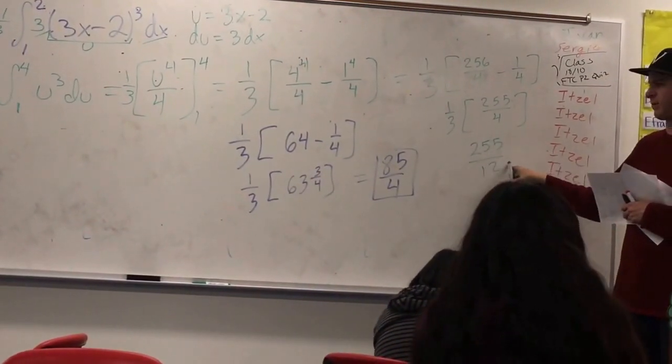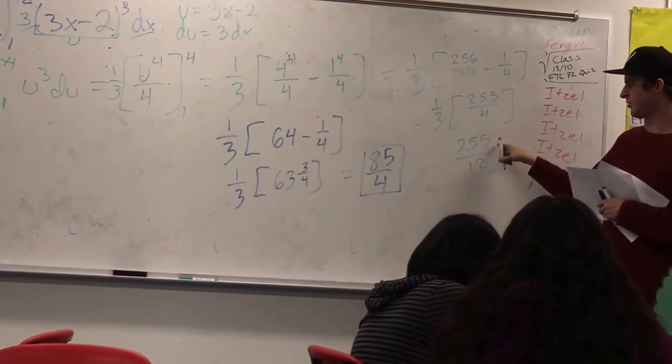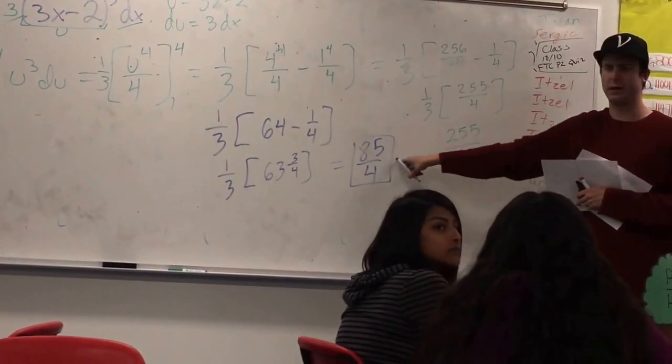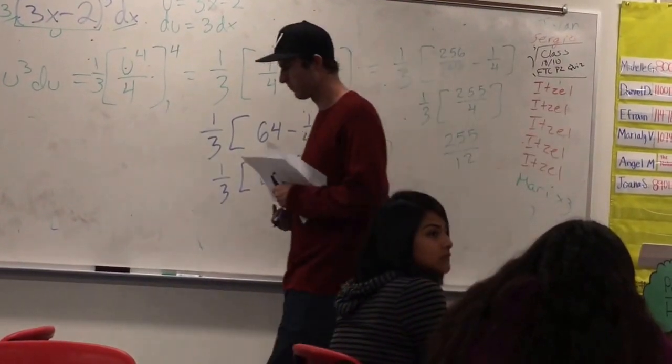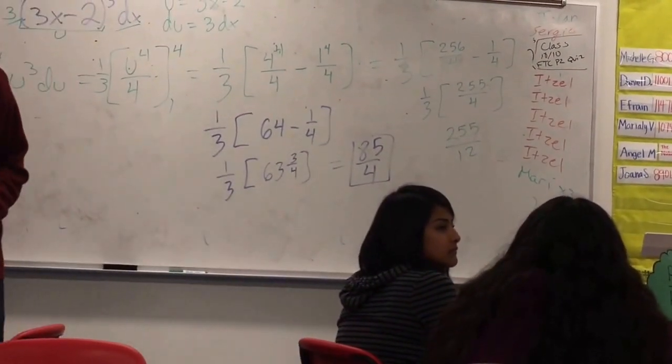And 255 over 12, you can divide both of these by 3, and you get 85 over 12. Okay.